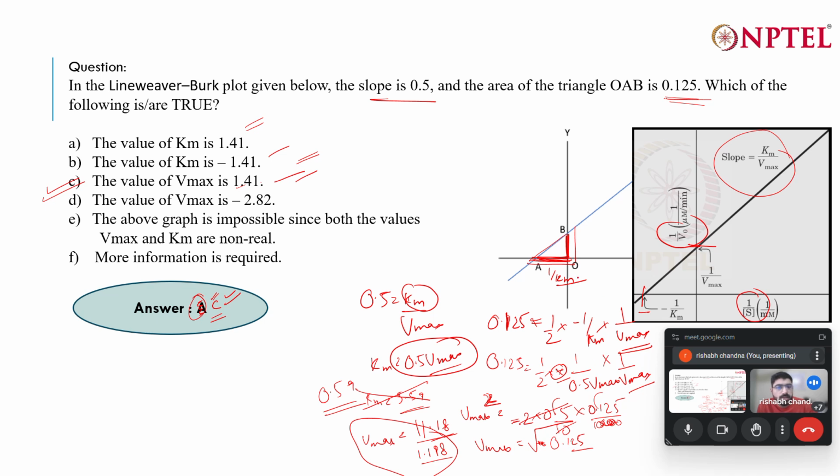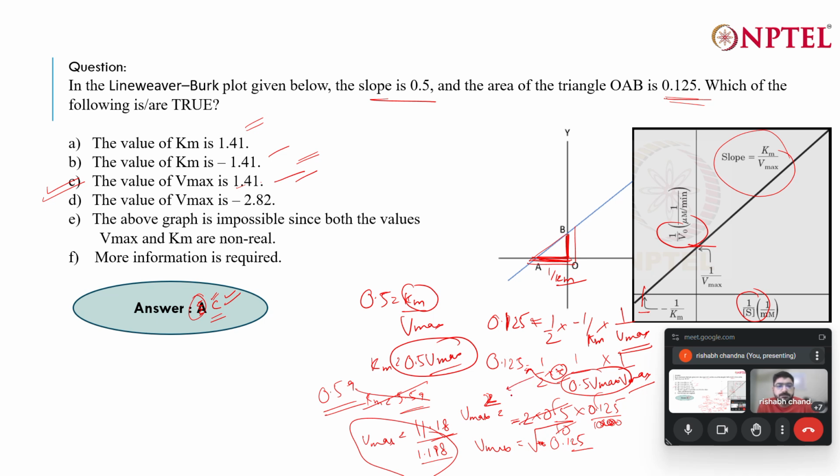So I have substituted this Km value as 0.5 Vmax, so in that case it would be going into the numerator. That's why it will be multiplied. But this would be in the denominator, I guess.